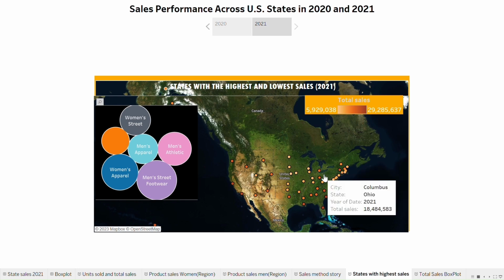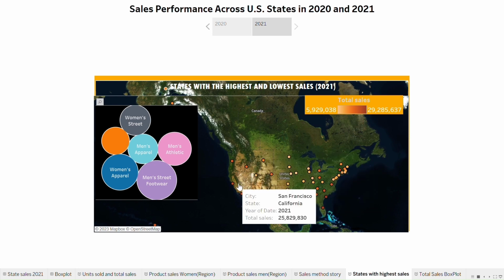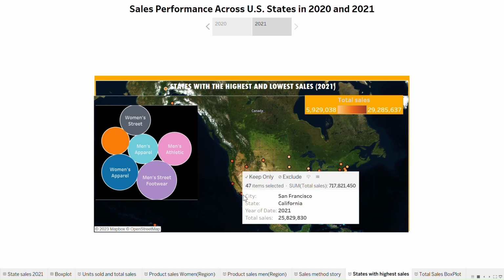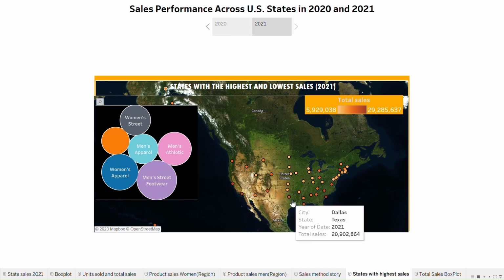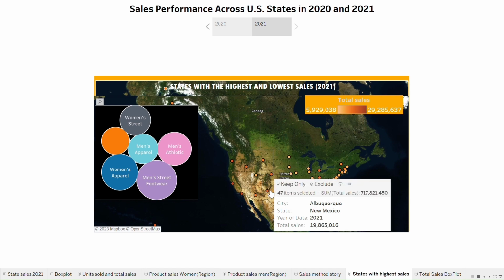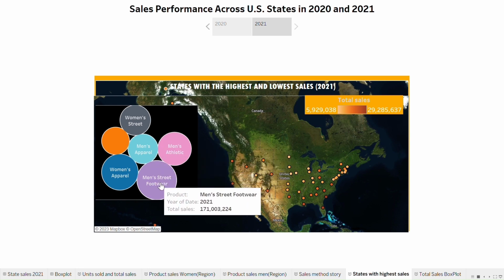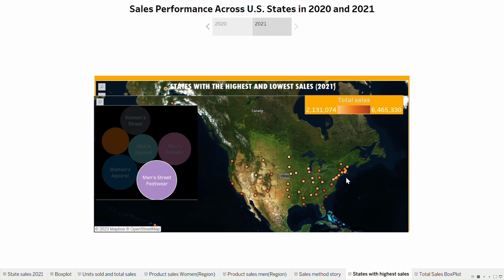Yeah. And other states like California had 25 million, which was also very good. Texas had 20 million. New Mexico 19 million. So like the same, I can see men's street footwear, and then it will narrow it down.